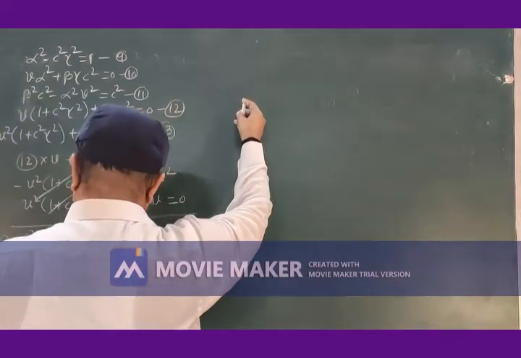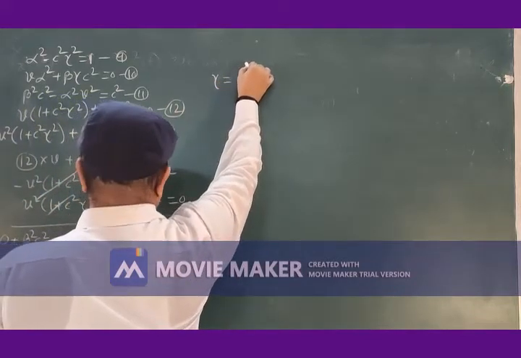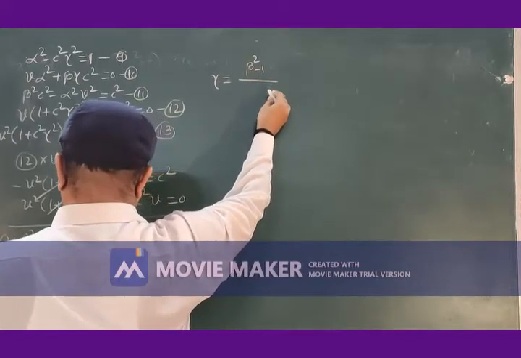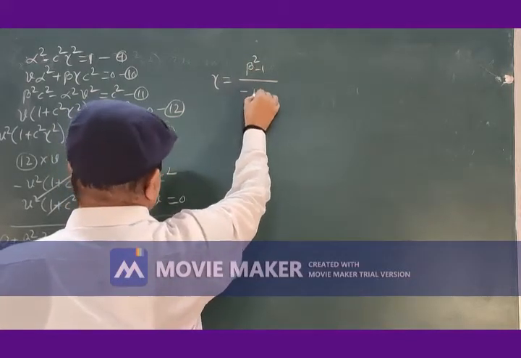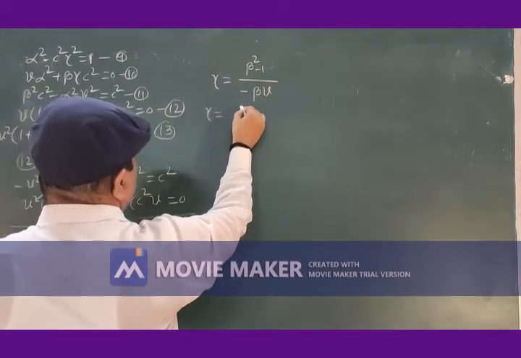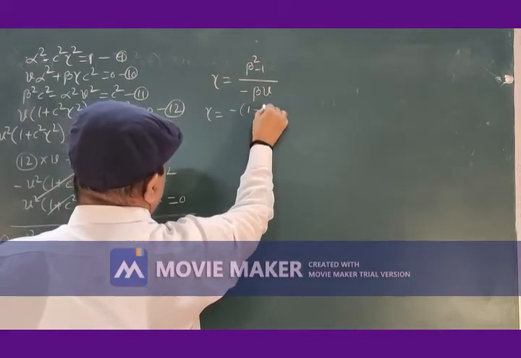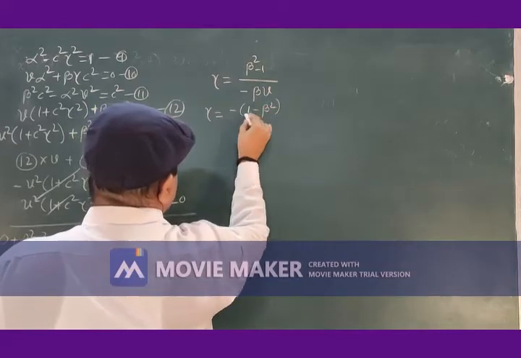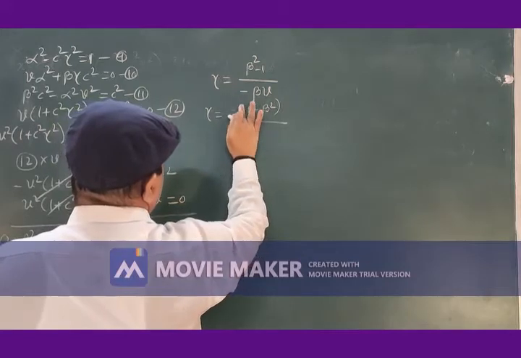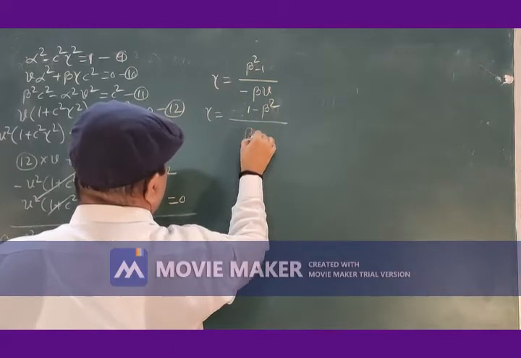For gamma, gamma is equal to beta square minus 1 divided by minus beta v, or gamma is equal to minus of 1 minus beta square divided by beta v.